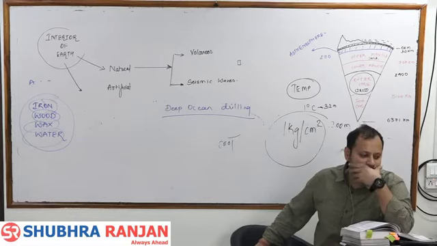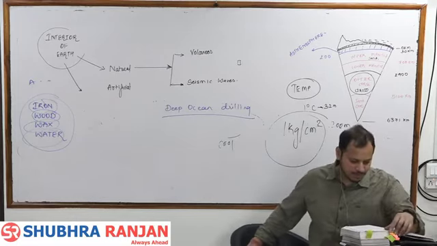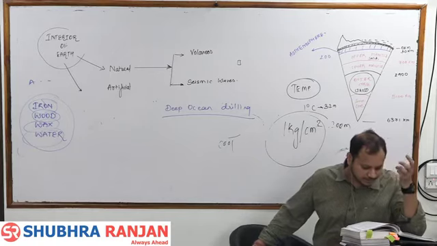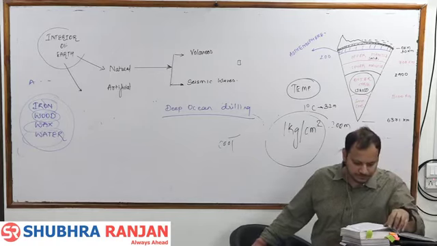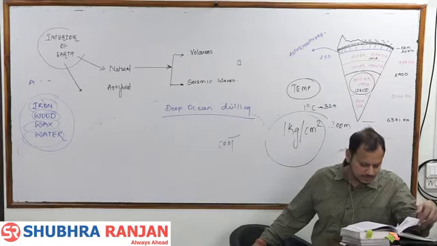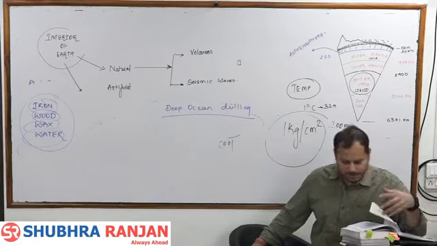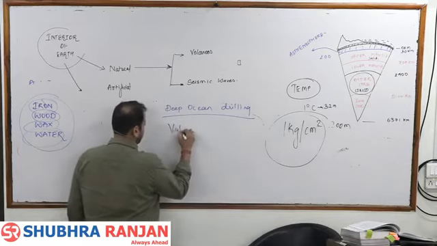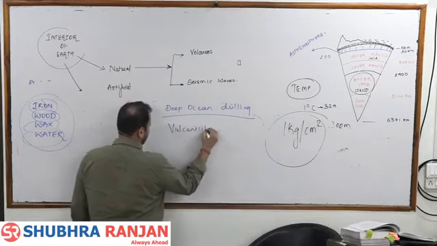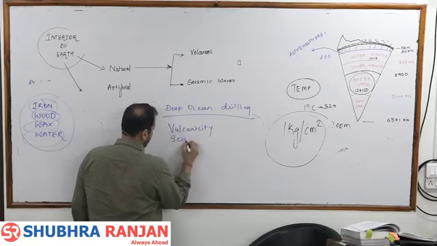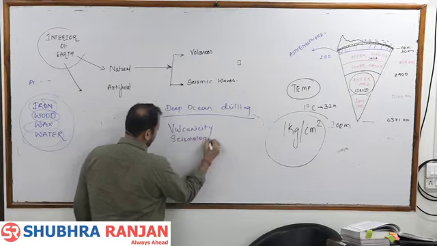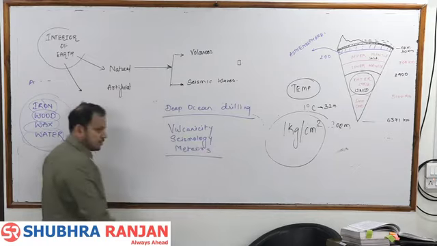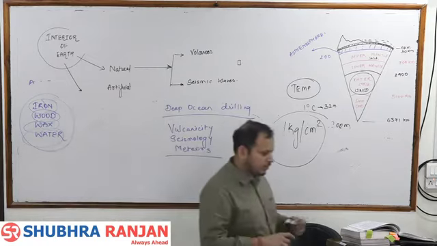The natural sources are volcanicity, seismology, and the study of meteors which fall on the earth.